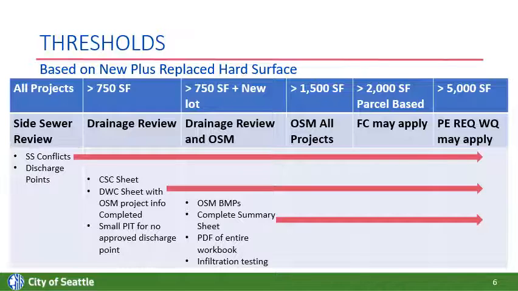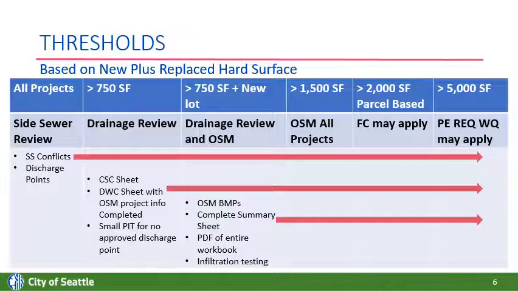So here's an overview chart of the different requirements based on various thresholds for projects. And just to start over here at the left, side sewer review or side sewer conflict review could potentially apply to any project for any level of development.